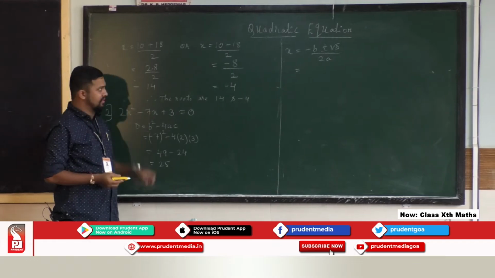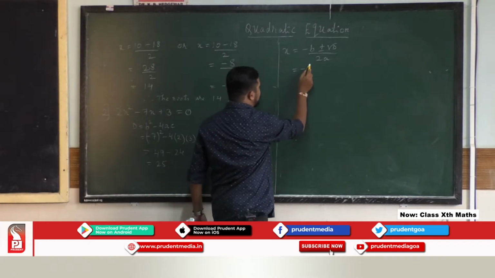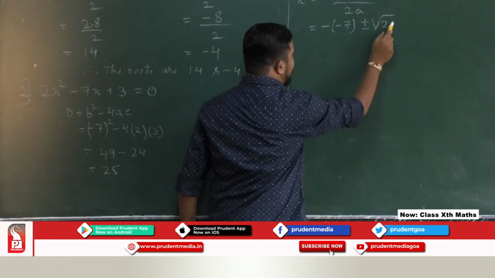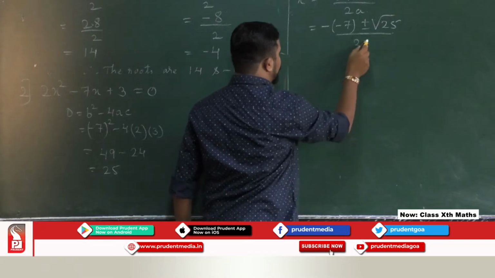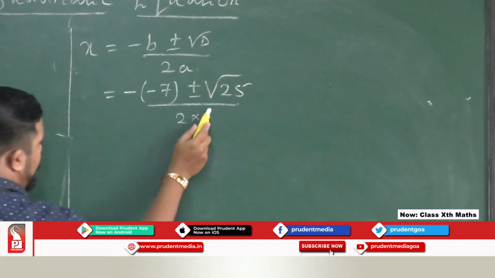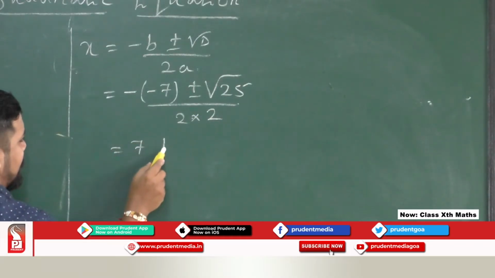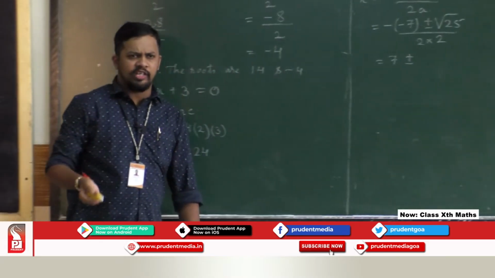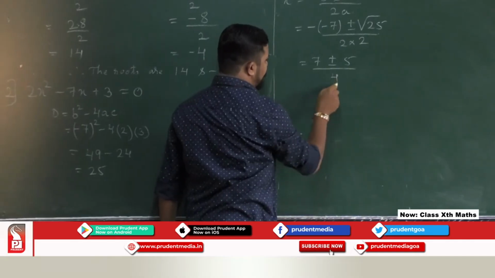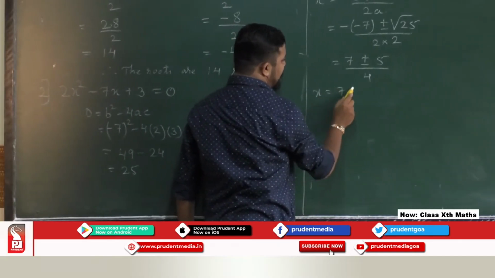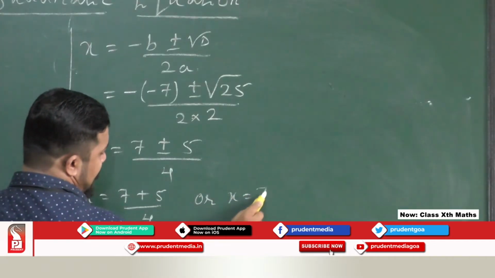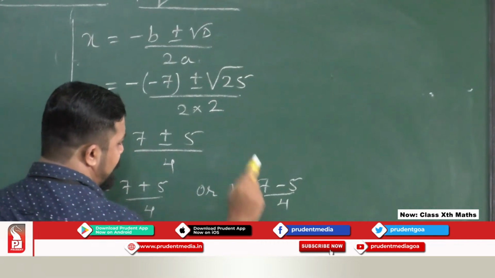B is negative 7 and there is a negative sign here, so minus of negative 7, plus or minus root of d, I got 25, upon 2 times A, which is 2. The square root of 25 is 5. So x equals (7 plus 5) by 4 or (7 minus 5) by 4.